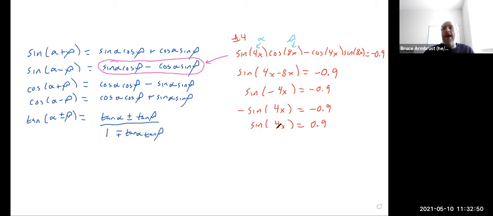All right, so let's think about how we're going to get the answer to this. Let's do a little substitution again, kind of like I showed you before. I'm going to call this sine of theta equals 0.9. And to get the answer to this, we need to do inverse sine. And that's something our calculator is going to be more than happy to do for us.